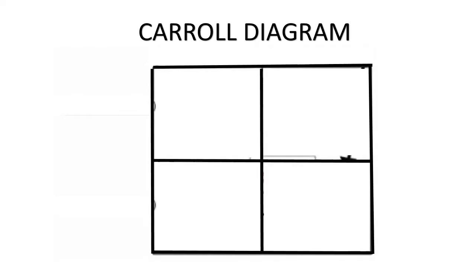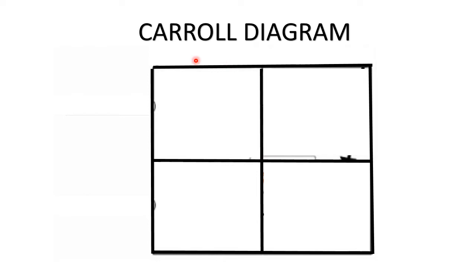Now, let's take a look at some Carroll diagrams. A Carroll diagram is made of 1 or more columns or 1 or more rows. Each column has a title or rule.